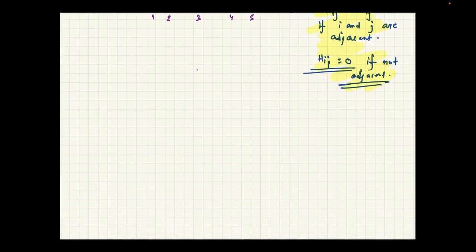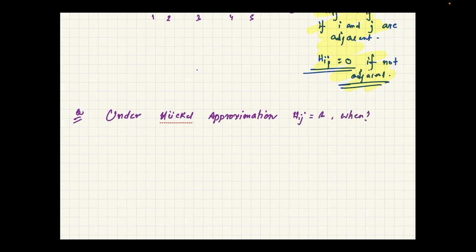So there are some questions related to this. Under Huckel's approximation, Hij equals beta when, as we just saw, Hij will be equal to beta when i and j are adjacent to each other, right?